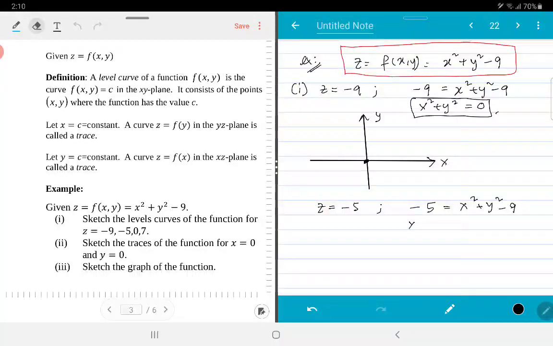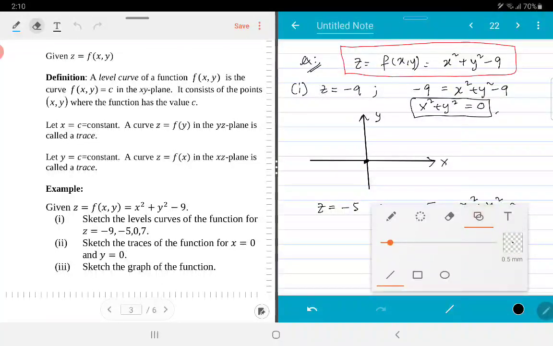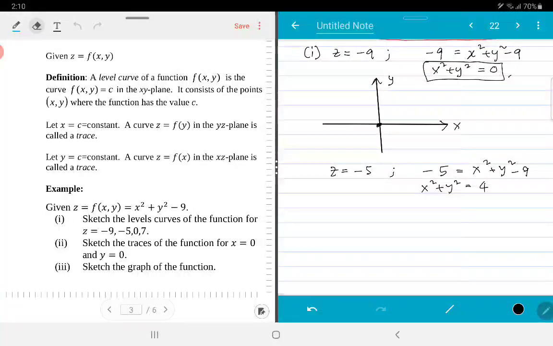Simplifying the equation, we have x squared plus y squared equals -5 plus 9, which is 4. And we know that this is an equation of a circle. The center of the circle is at 0, 0 and the radius is 2.